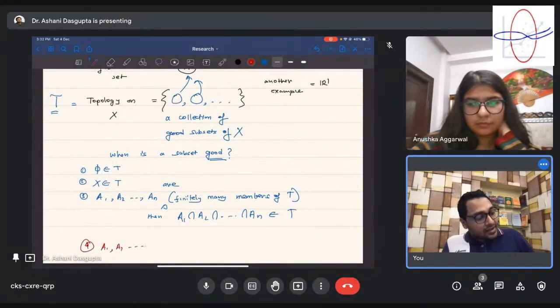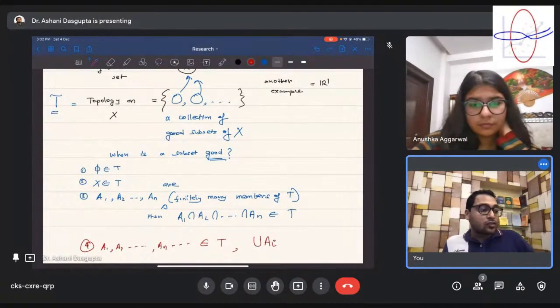If A1, A2, up to infinitely many members are members of T, then their union is also a member of T.